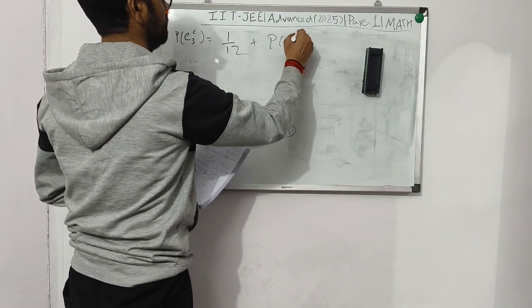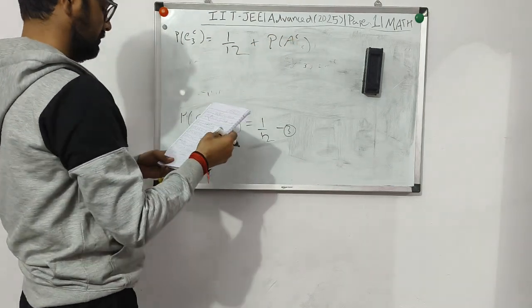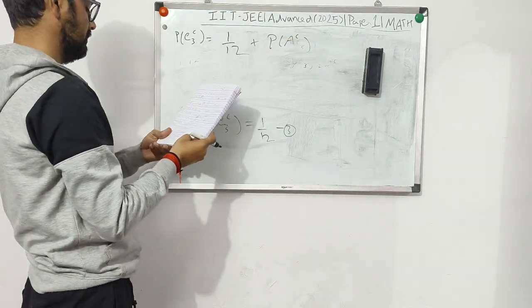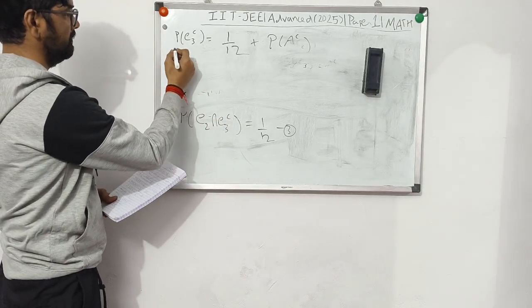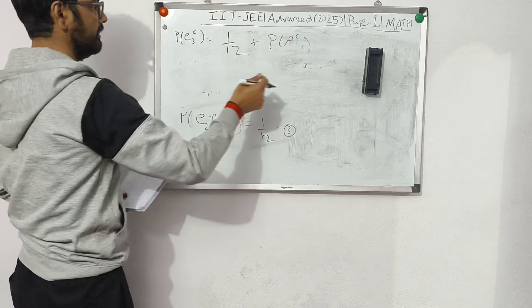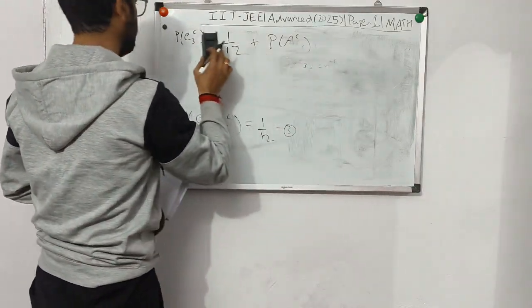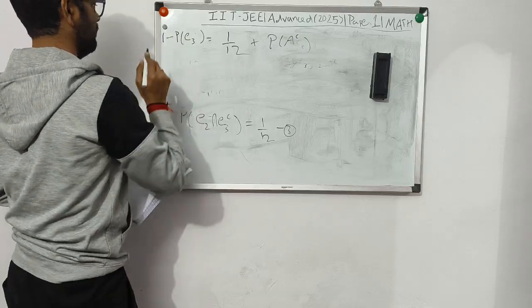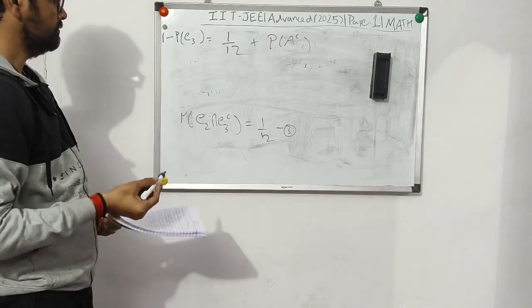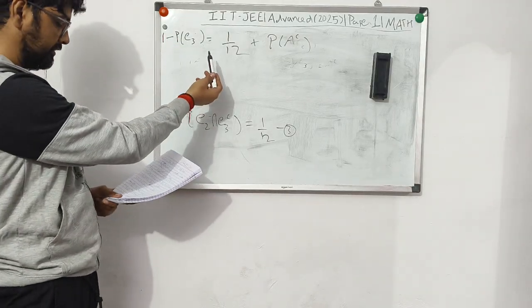So we are going to rewrite it as P of A complement. And this is simply 1 minus P of E3. So we will rewrite this again, 1 minus P. So we got all this from equation 3.